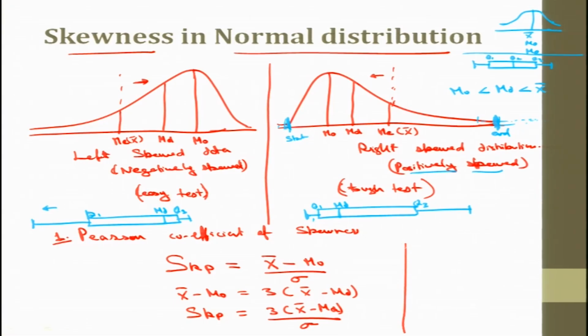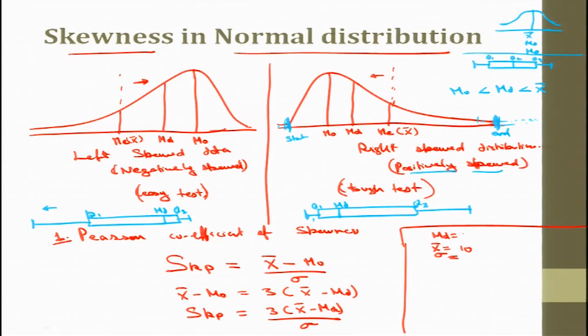Okay, let me just pick some values and try to calculate this coefficient of skewness. I will just do some calculations here. Let me pick the value of standard deviation, mode and x bar. Okay, to make it simple I will say x bar is equal to 10, and I should better put median here.